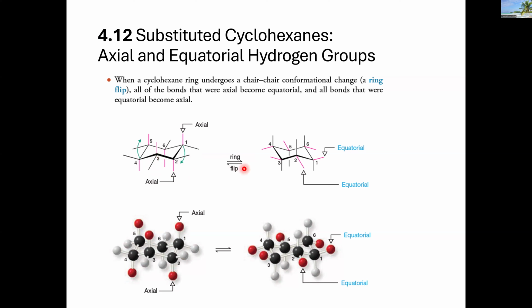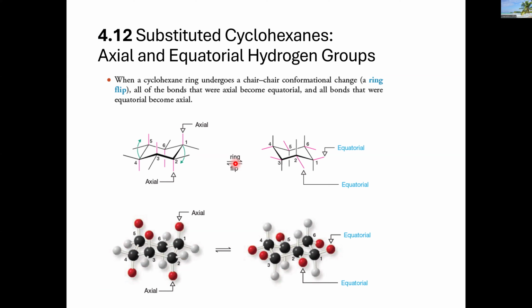If you flip this one and you still get the chair conformation, what will happen is carbon 4 is axial, equatorial. The pink is where the axial is. So if you flip this, up becomes down and down becomes up.